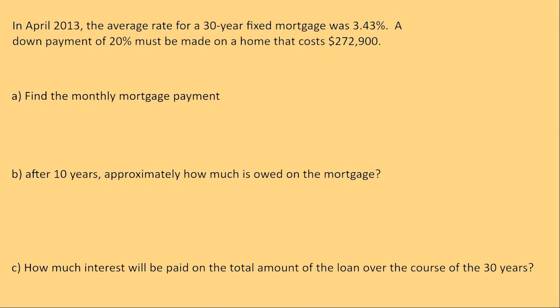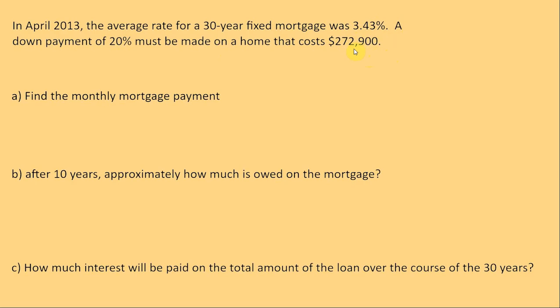So let's look at the information that they've given us. And if you'll notice, it says a down payment of 20% must be made on the home. So we aren't going to use this whole amount to figure the payments that we're going to have to make, because we're going to take 20% off the top of this.